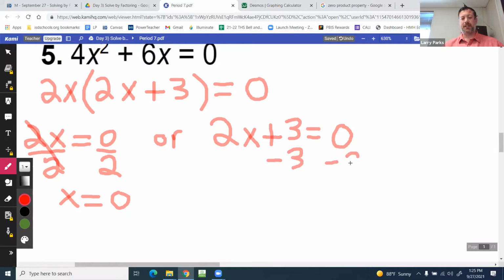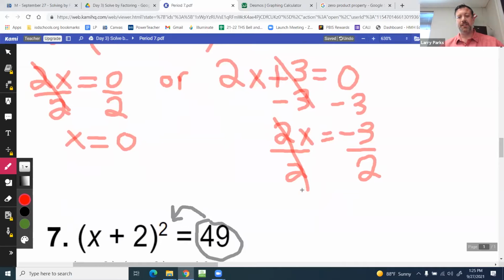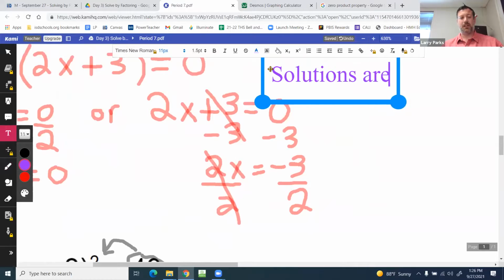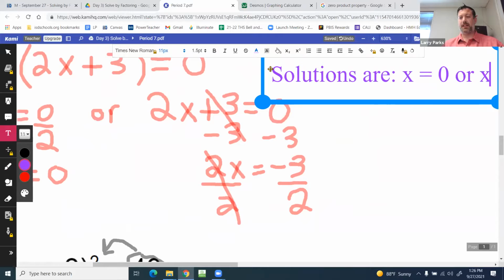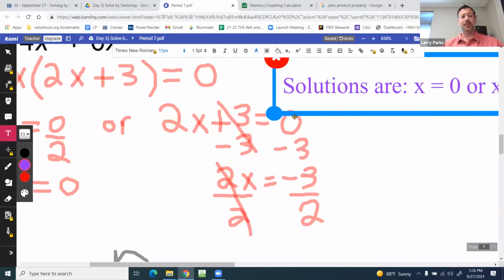I get 2x equals -3. Divide by 2. And I get x is -3/2, which is -1.5. So my two solutions are x equals 0 or x equals -3/2. Those are my solutions.